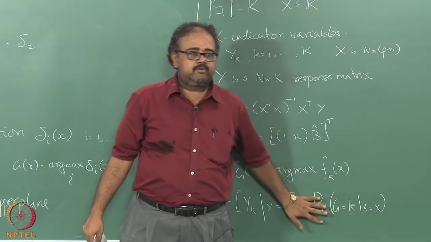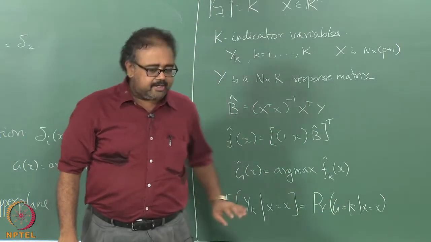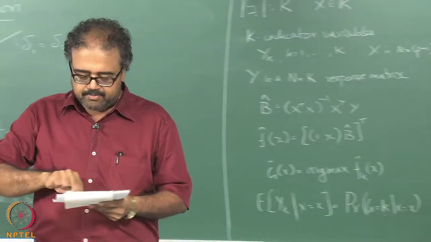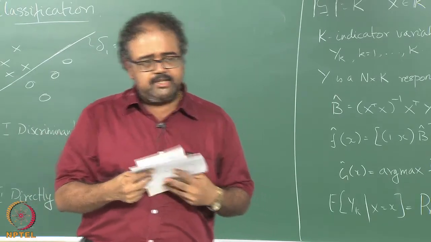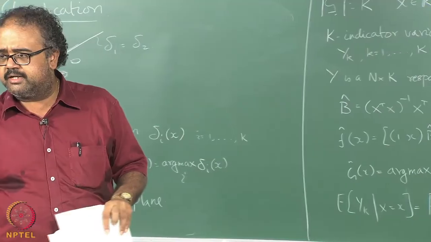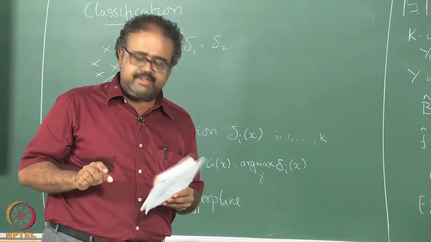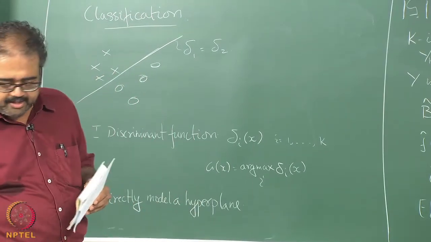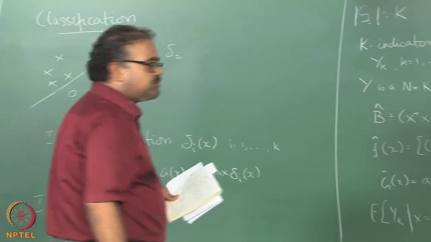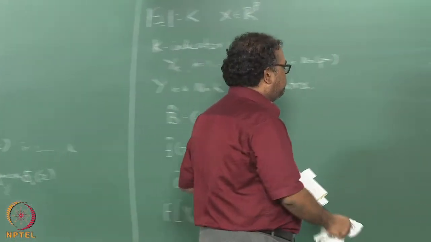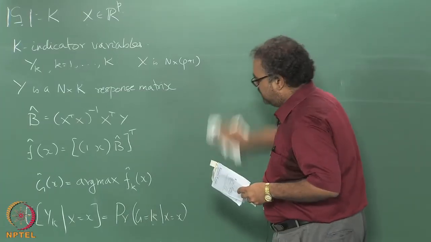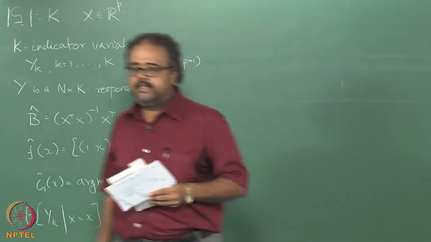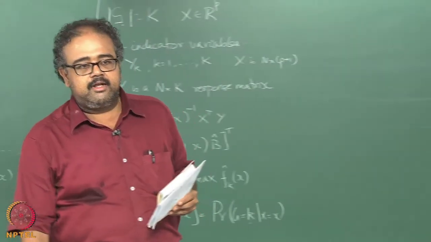That is ideally what you want, and so linear regression gives you hope of getting there. And people sometimes still use linear regression because it is easy to do. We will have to think of other ways of getting to it. I will come to that in a minute. Before that, I just want to point out one other pitfall of using linear regression for classification.